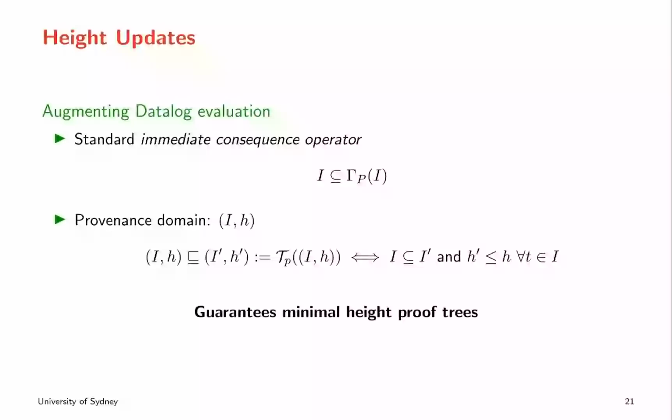By doing this, we guarantee that once we reach a fixed point, meaning there are no more tuples we can generate and no more reductions in the height annotations that we can process, the height annotations of all the tuples are minimal.